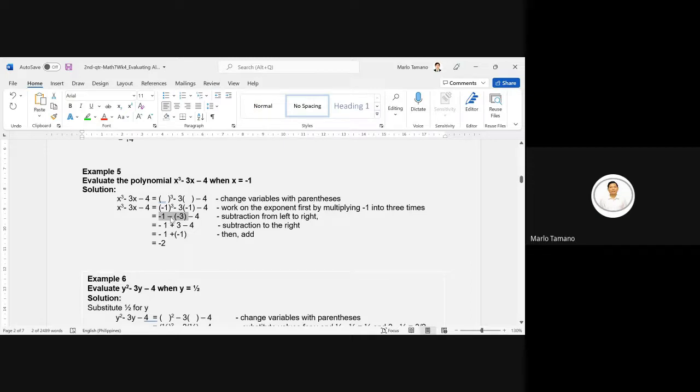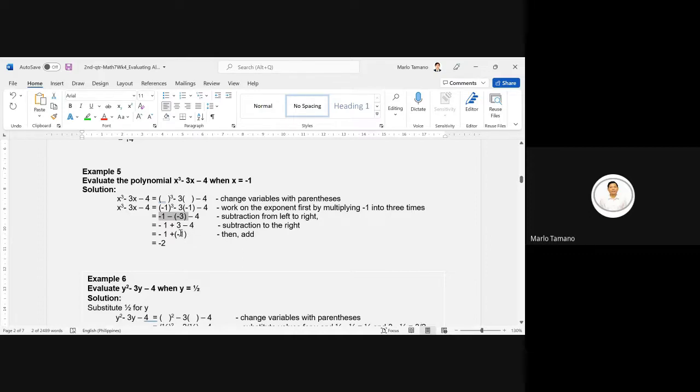Change the operation from subtraction to addition. Change the sign of the subtrahend from negative 3 to positive 3. So, instead of writing negative 1 plus positive 3, pwede na pong negative 1 plus 3. Tapos isunod po natin yung minus 4.